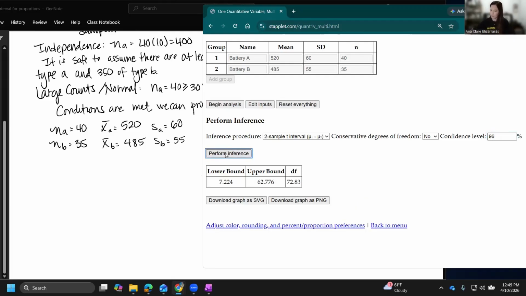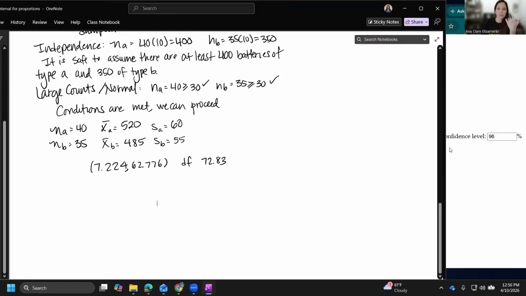So when I perform inference, I get a lower bound of 7.224 and an upper bound of 62.776 with degrees of freedom 72.83. And it's okay that the degrees of freedom are not a whole number because of the formula that was used.